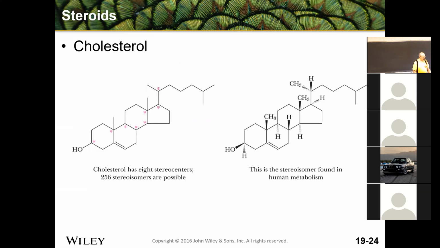Right, here is cholesterol. And we talked about stereocenters early on in the semester. And these stereocenters are all marked. There are 256 stereoisomers that are possible, but only this one is found in human metabolism, just this one stereoisomer.